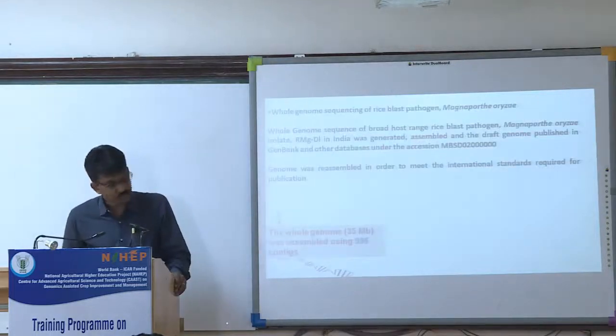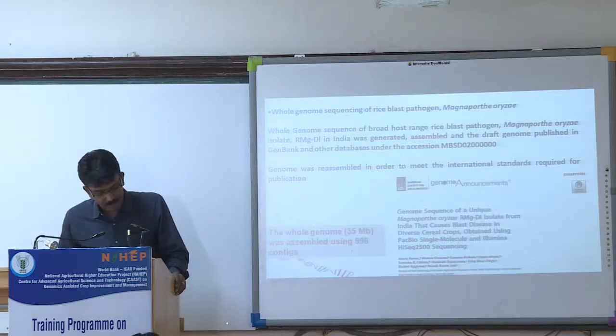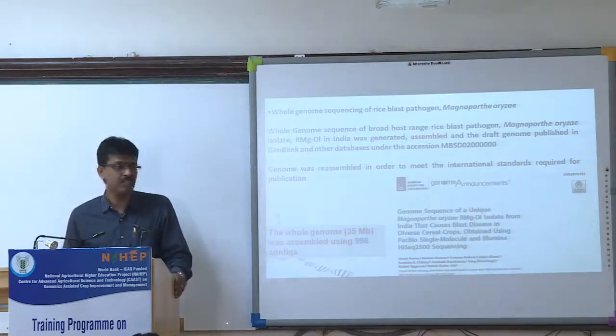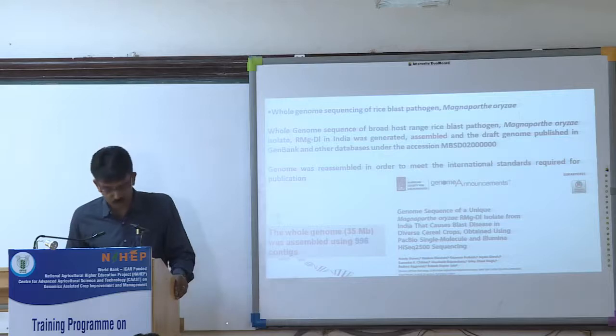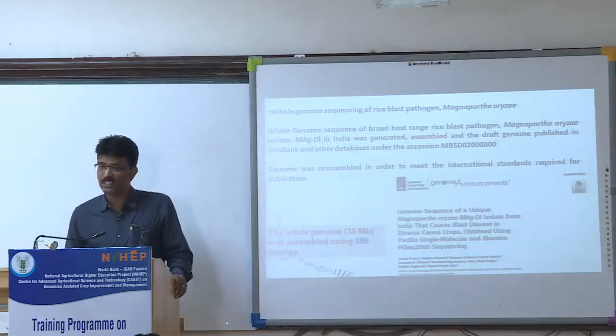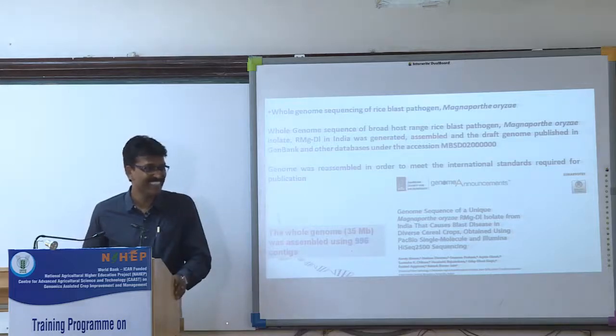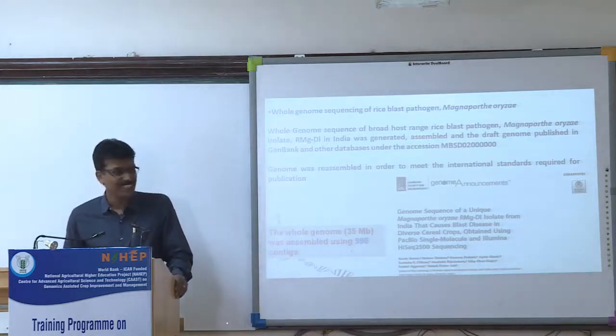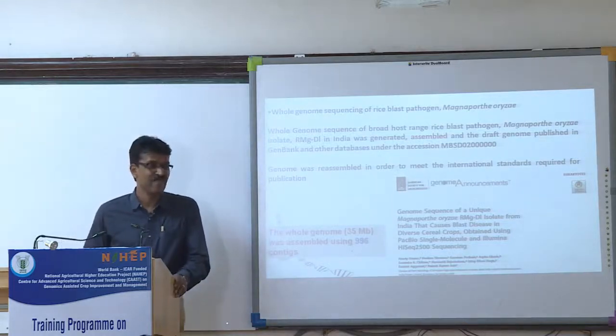After assembly, we estimated the size of this particular genome is around 35 MB, right. I hope you understand what 35 MB means, 35 into 10 to the power 6 base pairs.